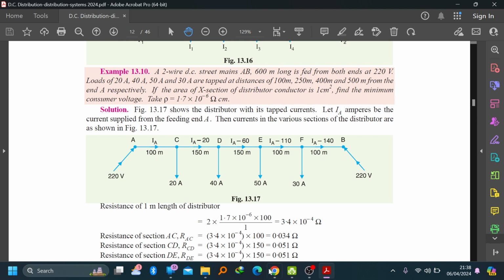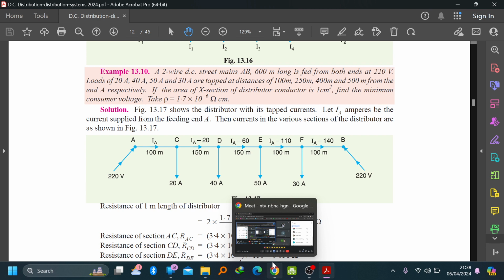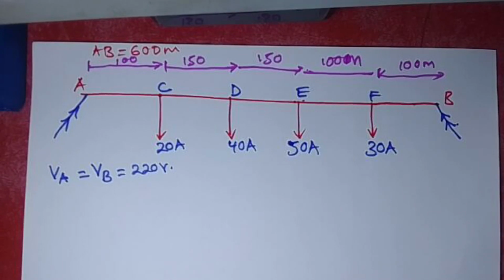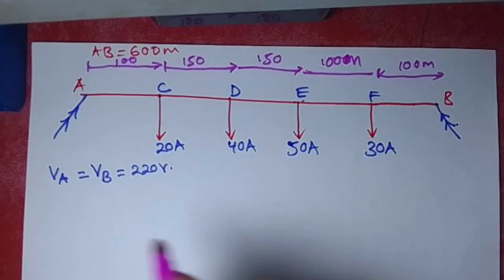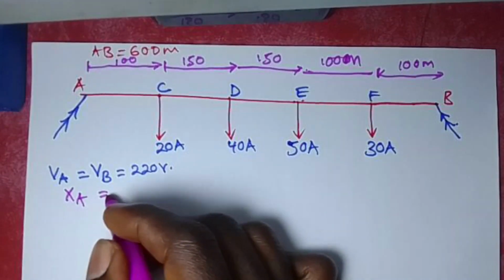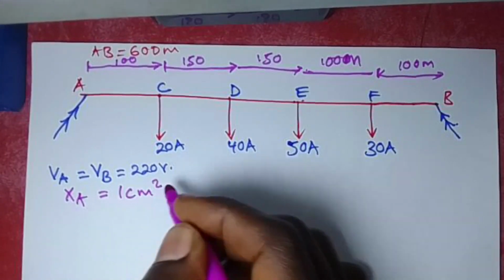So let me take you back again so that we can proceed. That is the cross-sectional area. I can say the area is equal to 1 square centimeter.